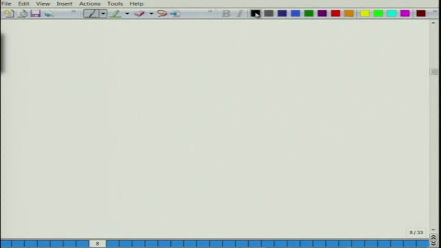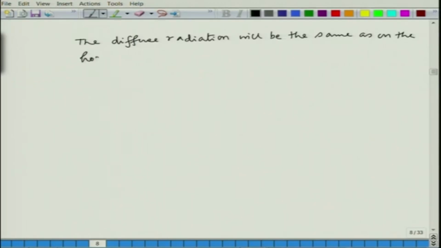So, one thing we notice here: the diffuse radiation will be the same as on the horizontal plane, because the diffuse radiation does not have a definite direction. So, it does not depend on the angle of inclination or the tilt of the plane. Okay.